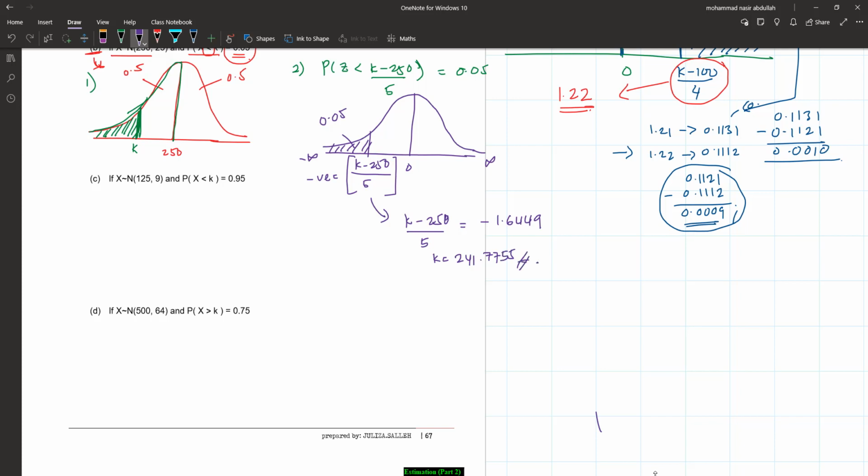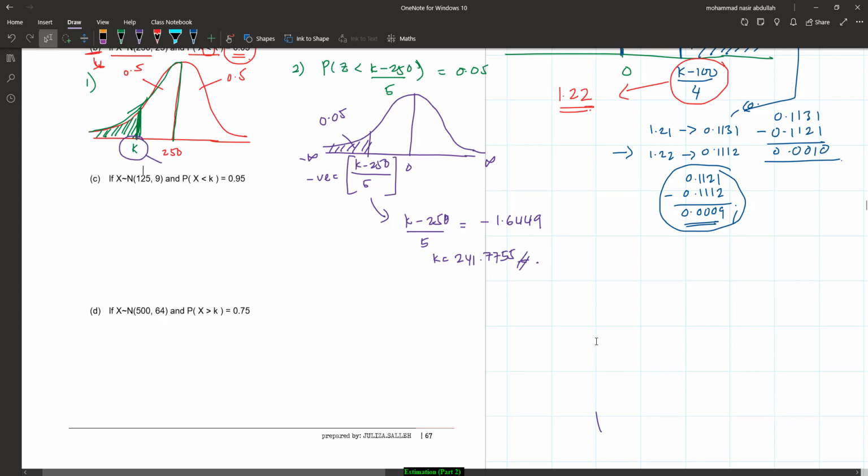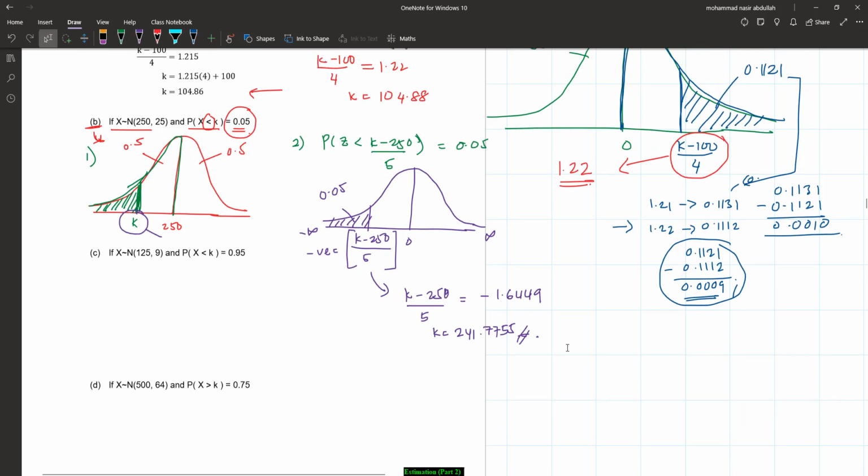So we can say that K is this one. To check whether our answer is correct or not, we see 250 is more than 241. So it's correct. So it should be here. Right? Okay?